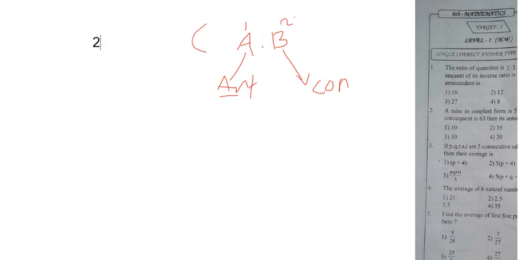Out of that, 2 is the antecedent, and 3 is the consequent. My 2 is equal to antecedent, and my 3 is equal to consequent.